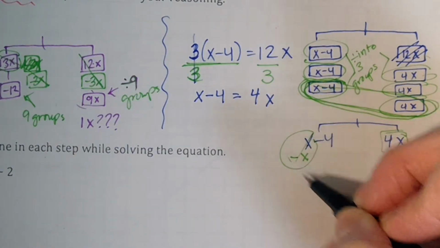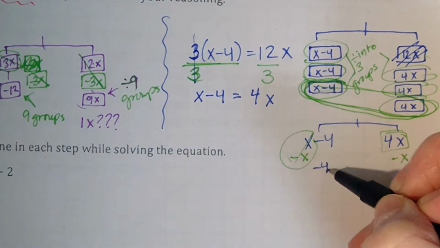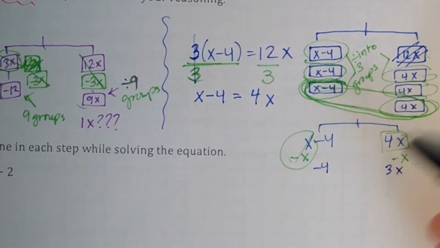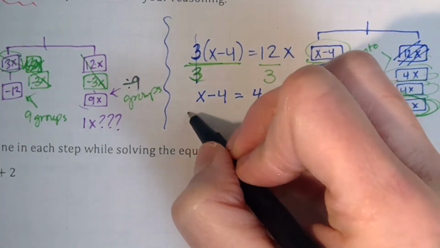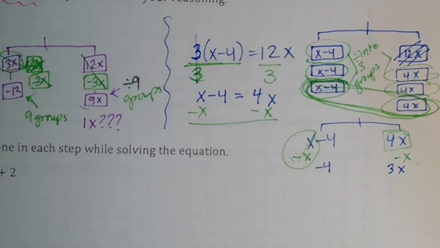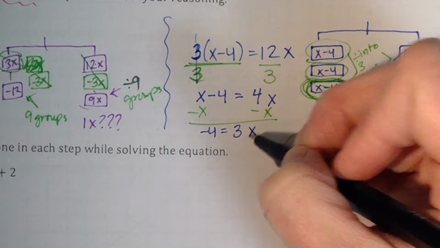Positive and negative cancel each other out, and I'm left with 4 negatives on the left, and on the right, I've got 3 x's. Because if I have 4 positive x's and 1 negative x, together they make 3x. So I'm left with negative 4 equals 3x.